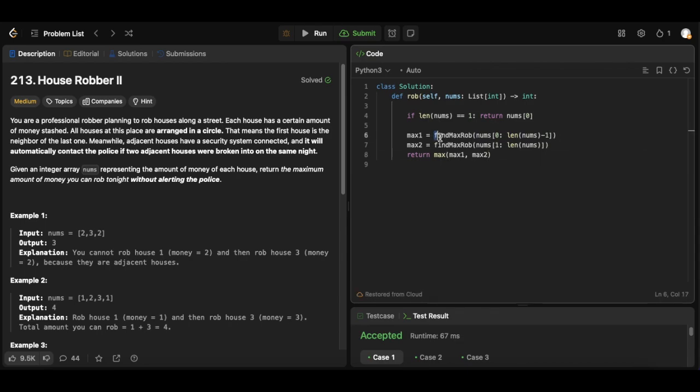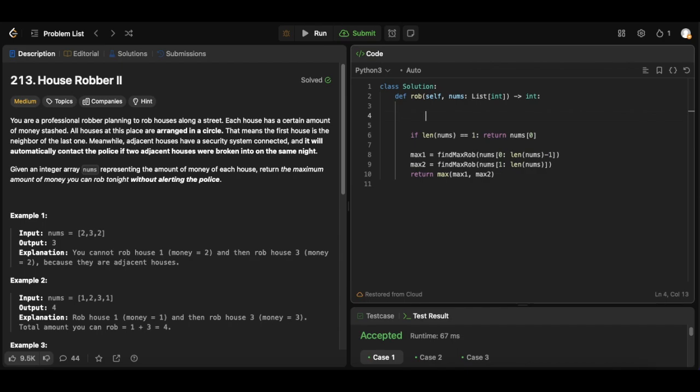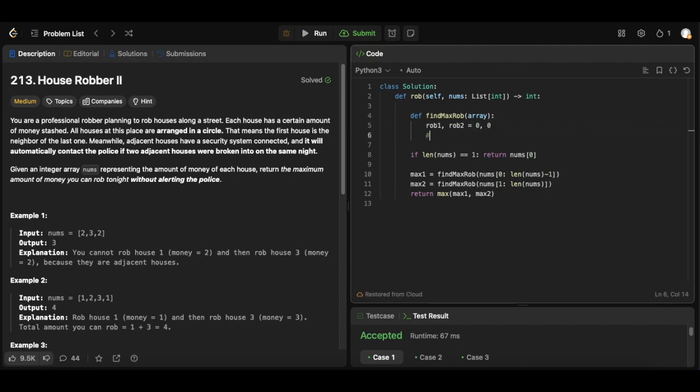Now we need to define our findMaxRob function. So we're going to define this function, and it's going to take in our array, which is going to be different in the 2 cases. And initially we can define our rob1 and rob2 pointers, which will be initialized to 0. And remember, our timeline goes like this, where we have first rob1, rob2, and then our current value.